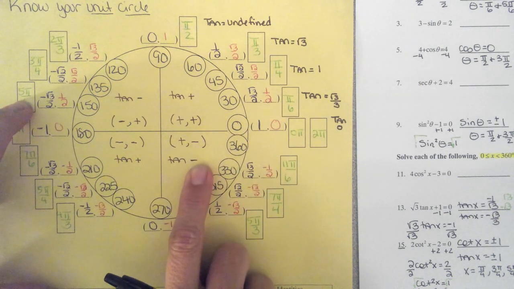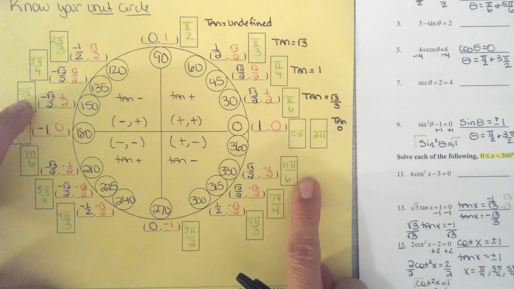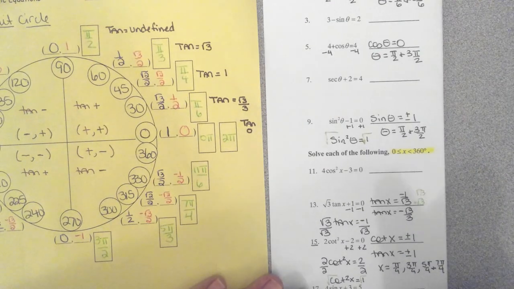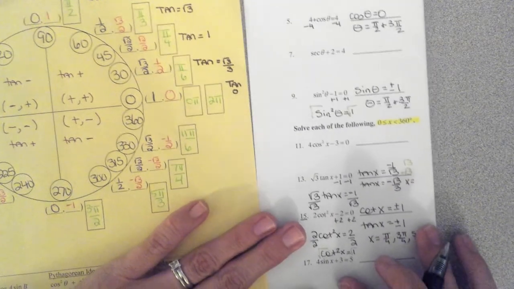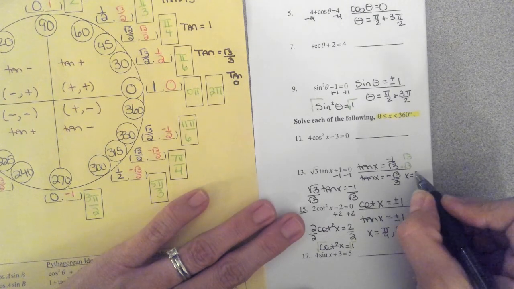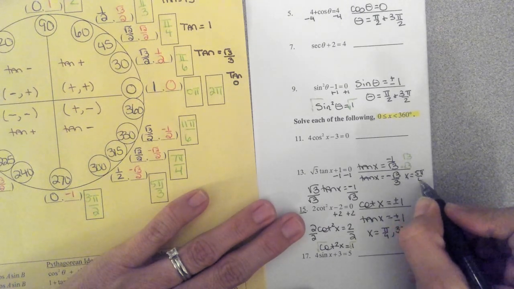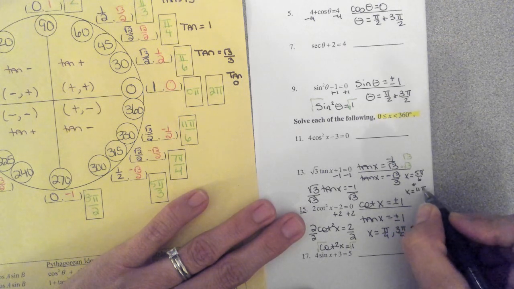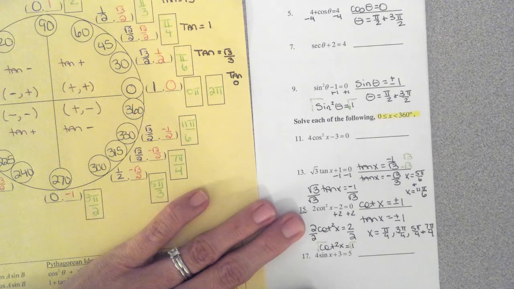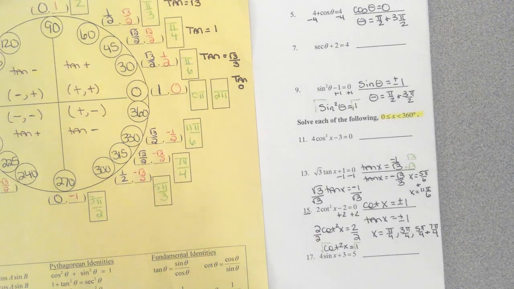So I want 5 pi over 6 and 11 pi over 6. So right here my answers will equal x equals 5 pi over 6 and x equals 11 pi over 6. Okay, and that should help you get through the rest of the first homework assignment.